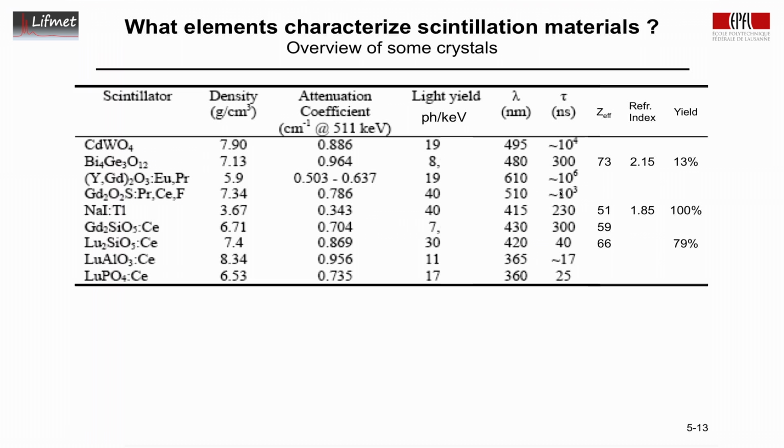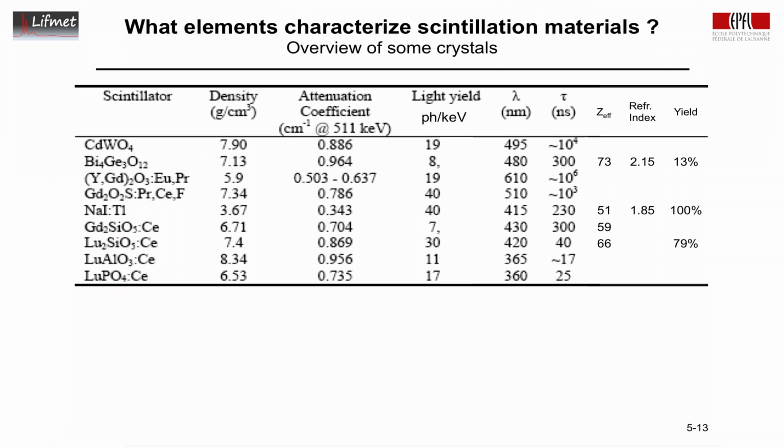Here's a time constant tau given in nanoseconds. This is the time it takes for the luminescence center to return back to the ground state after it has emitted a scintillation photon. This essentially gives you an idea of how fast the scintillation crystal is reset and ready to detect the next event.